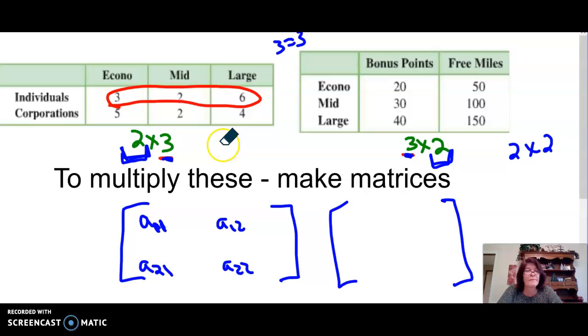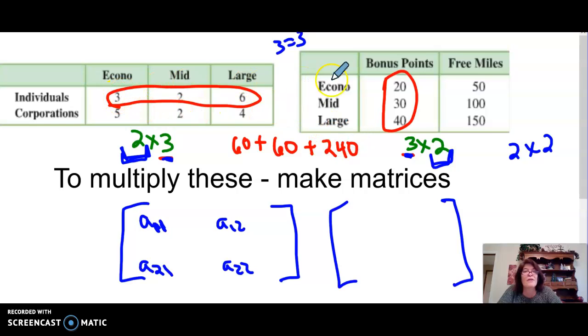Okay, first row, first column. And we do just like we did on the previous slide. I'm going to take 3 times 20. Okay, so what's that? 60 plus 2 times 30 plus 6 times 40.